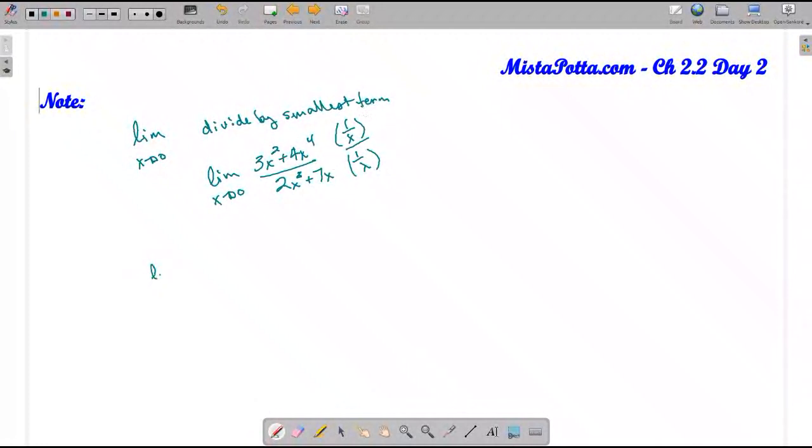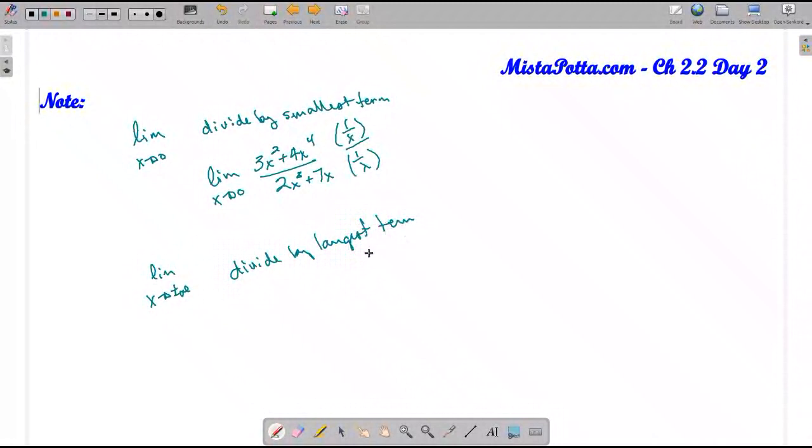Whereas if I'm looking for limits as x approaches positive or negative infinity, then I always want to divide by the largest term.